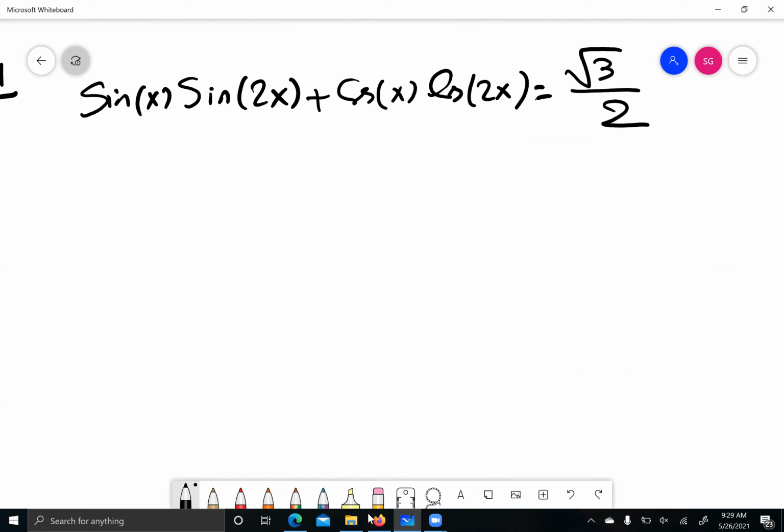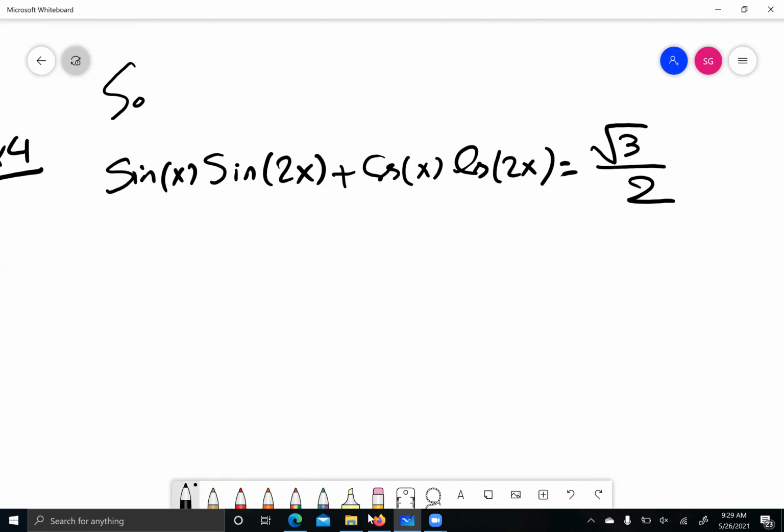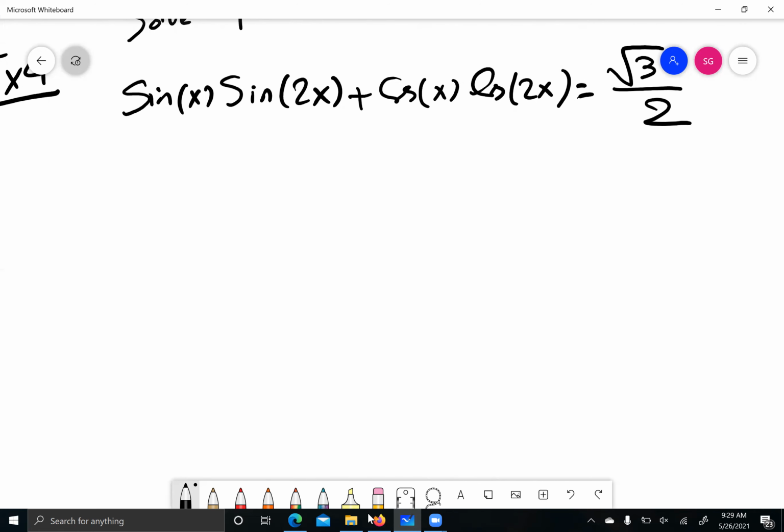The question is solve it for x. In other words, find the x values that satisfy this equation. In this equation, on the right side, I just have a number, square root of 3 over 2. But on the left side, we have a combination of sine and cosine functions.